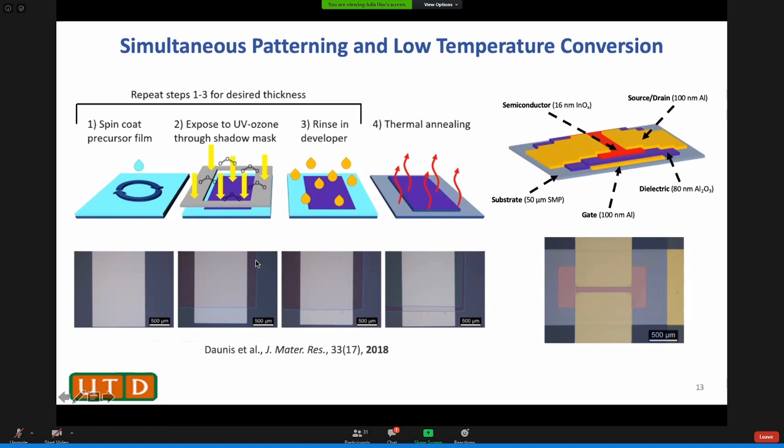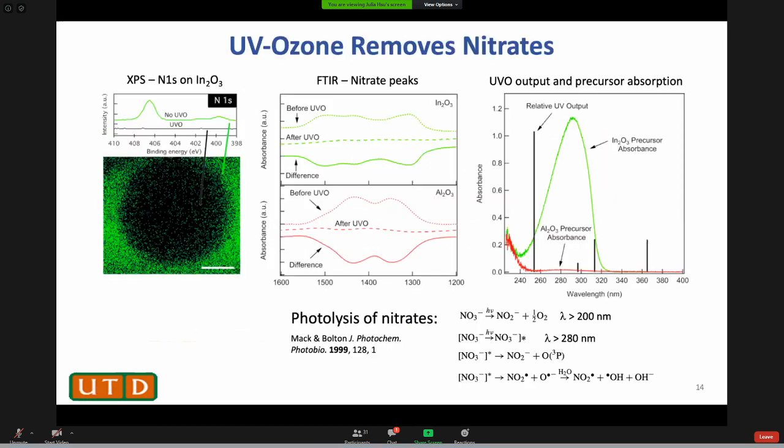So the circular part got exposed to light. Then we can do XPS. The part that did not see the light has a nitrate peak at 407 eV, attributed to nitrate. And the part that sees light shows no nitrogen signal; it is removed.